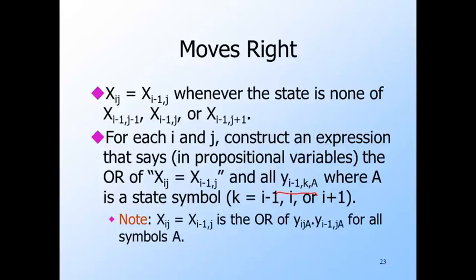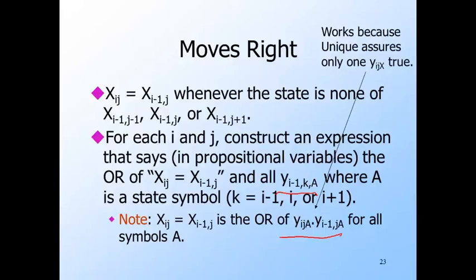Now we need to translate the equality of x i j and x i minus 1 j into propositional variables, but we just need the OR of y i j a and y i minus 1 j a, that's this, for all symbols a.